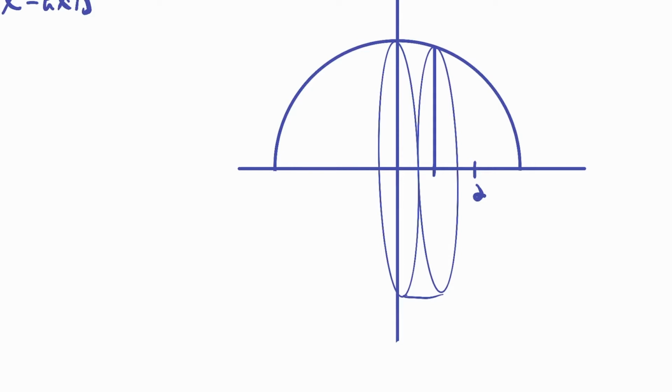So it's like a ring, kind of like when we were doing the shell method before. It's a little bit like that, in that it's like a ring shape, but it has no thickness. It's not a volume. It's a surface area.